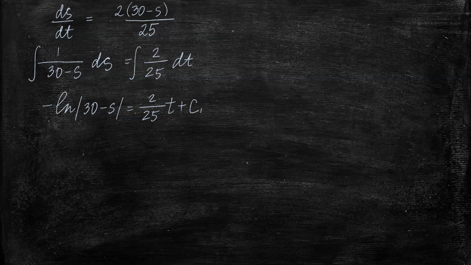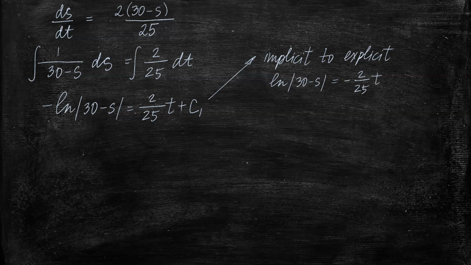We have seen this type of equation before, so this is my general solution in implicit form. To rewrite the implicit solution in explicit form, I need to isolate s in this case, so we're going to exponentiate now.